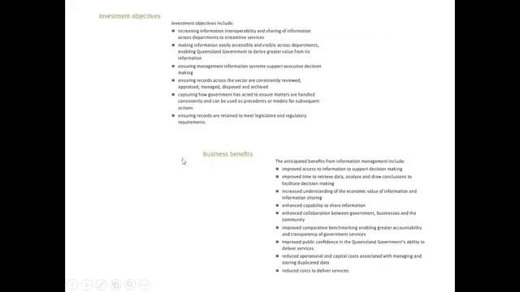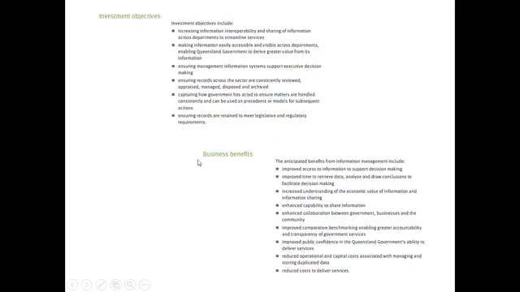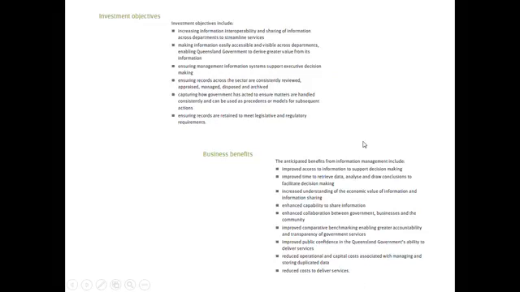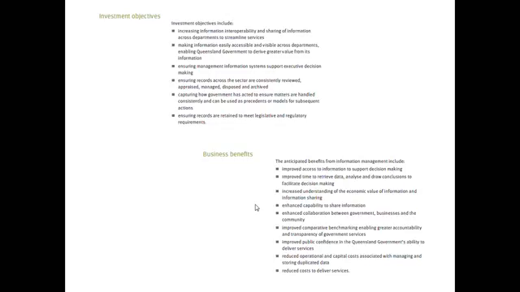They have also presented the investment objectives over here, but I think more important is down here, where it's more related to the business benefits, and this actually impacts us as citizens and as the users of healthcare in the Queensland government.